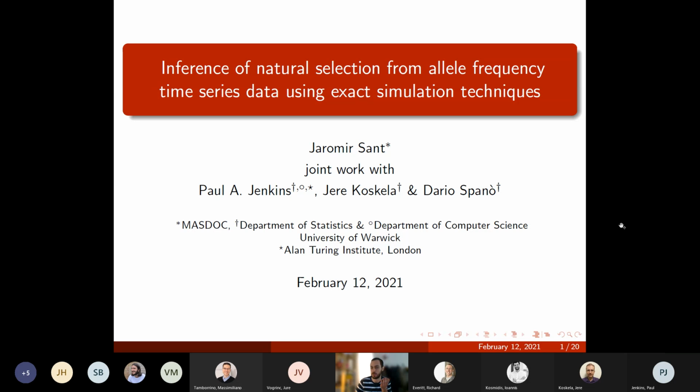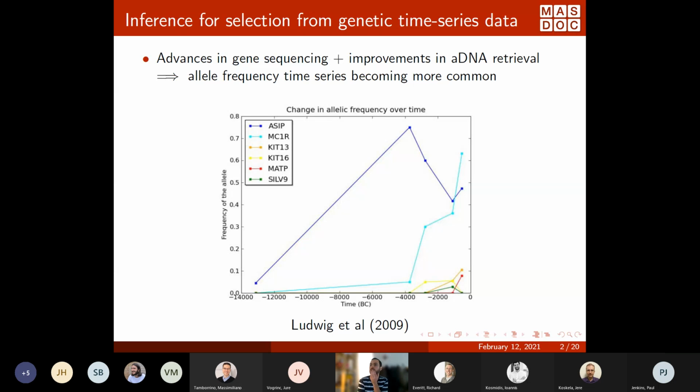And this is what we're trying to do over here, because as I'm sure most of you know, there have been some recent technological advances in gene sequencing, coupled with the fact that archaeologists are now becoming more and more able to extract DNA from fossils and remains in burial sites and so on.